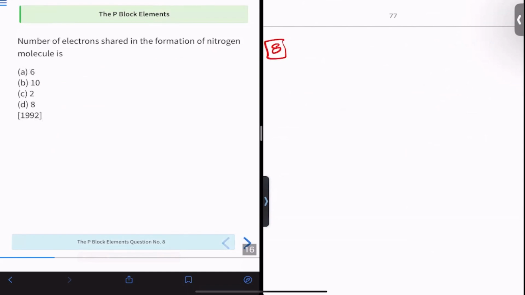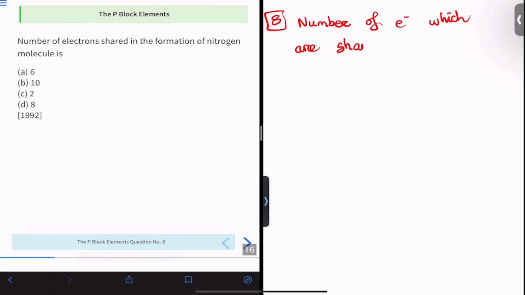Question number 8 says the number of electrons shared in the formation of nitrogen molecule is what? What they're asking you is the number of electrons which are shared in nitrogen formation.